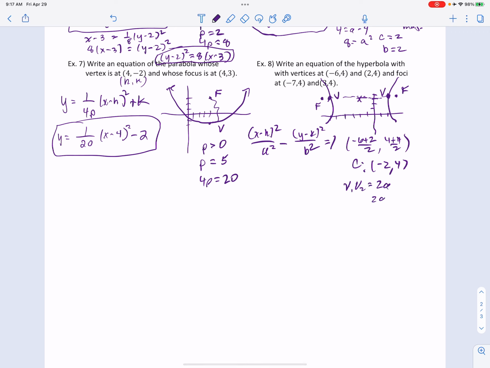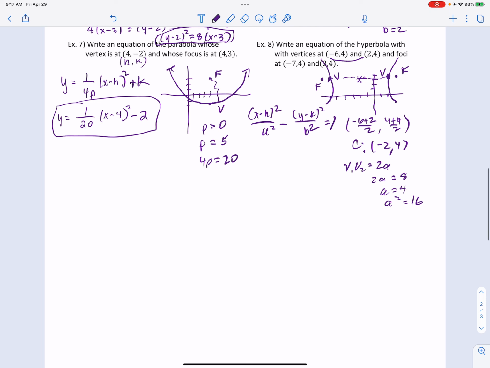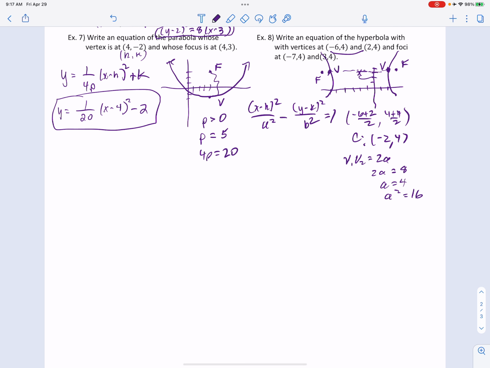The distance between vertices is 8, so a is 4. So a squared is 16. And then the distance from the center to the focus is your value of c. From the center, we're at -2 and we're going to 3. C is 5, so c squared is 25.